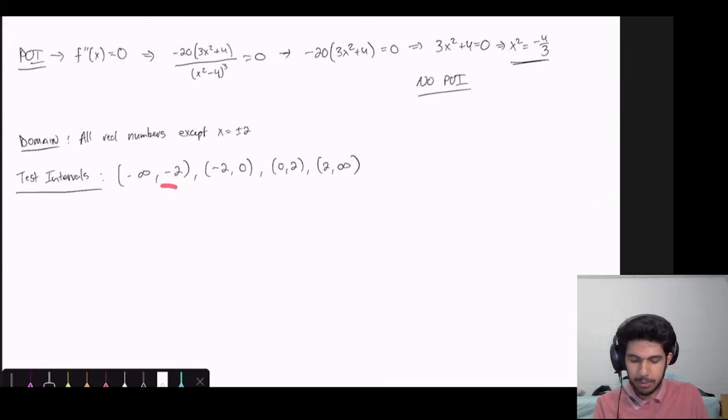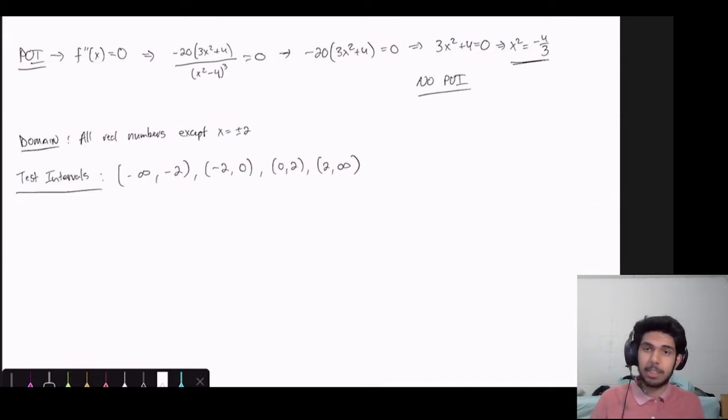Here we stop at negative 2, but the next interval we start at negative 2. So we've broken up our domain into these intervals, and they stop at our important points. Negative 2 is a vertical asymptote, 0 is a critical value, 2 is a vertical asymptote. So those are our 4 test intervals.